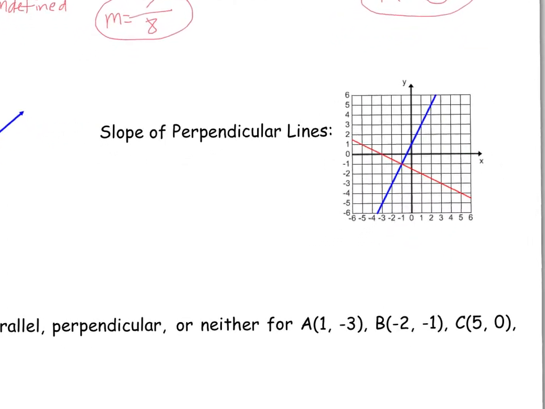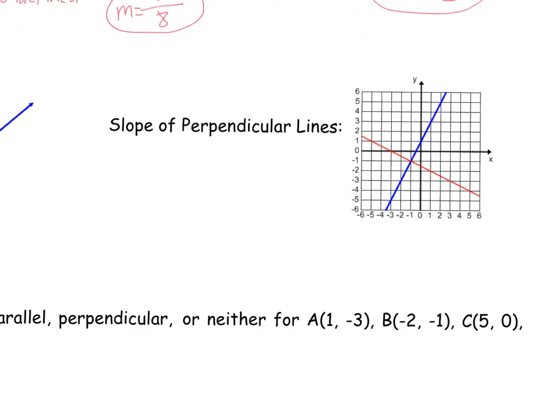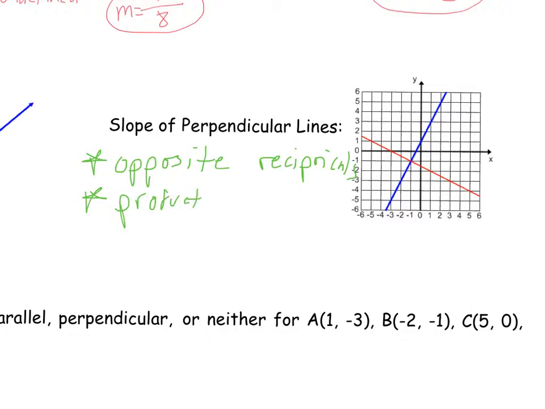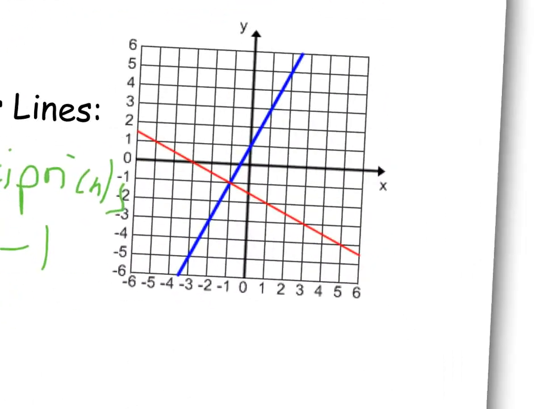The slopes of perpendicular lines, however, are going to be opposite reciprocals. They also are going to have a product of -1. So let's look at this example right here to see this.